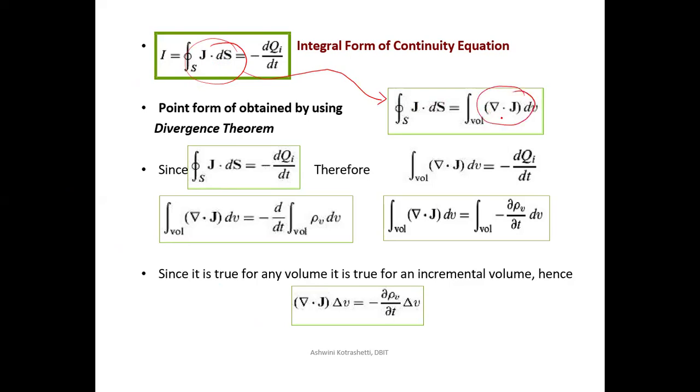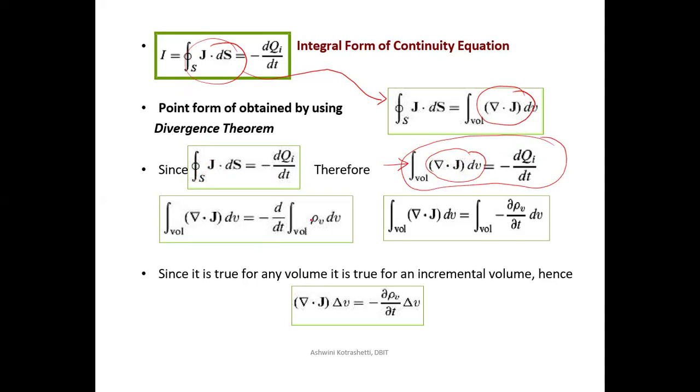So the current I, surface integral J dot ds, which was equal to minus dQi by dt, can be rewritten in this form. Okay, so you can see the closed surface integral has been brought now to a volume integral using divergence theorem.